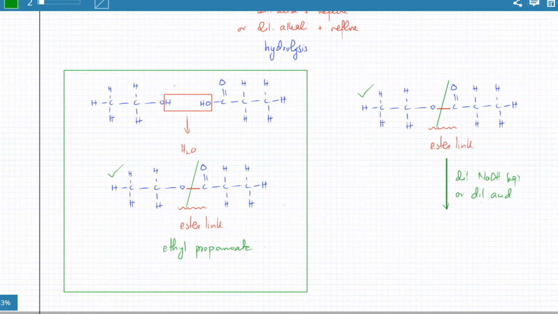I mean, that is basically what you do, but you need to add an alkali or an acid. Okay. Yeah, thank you.